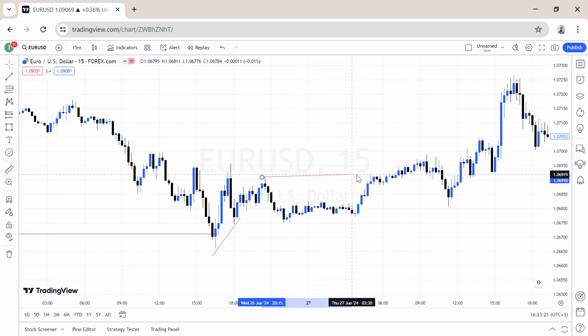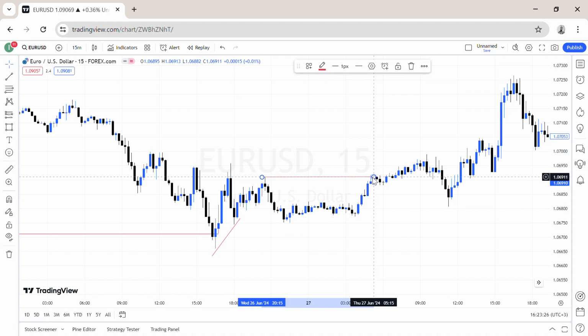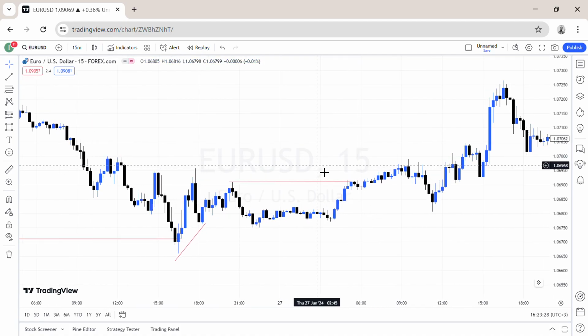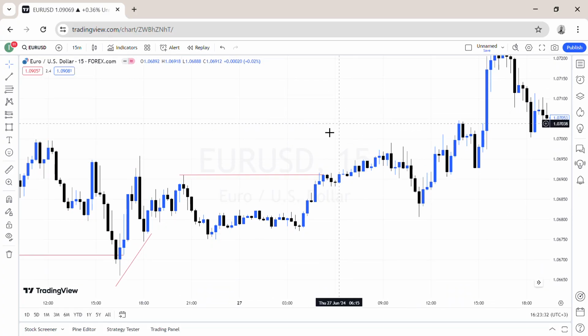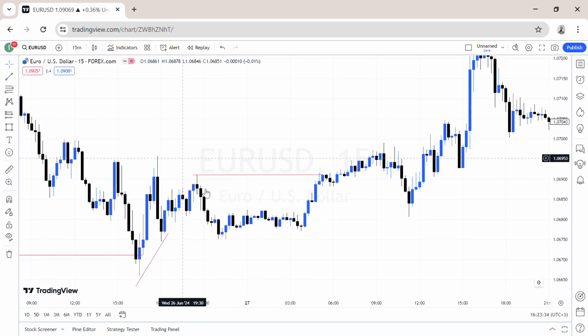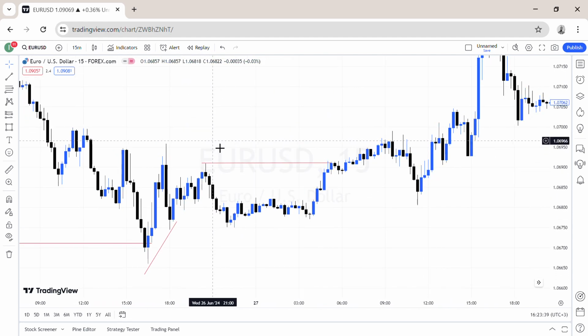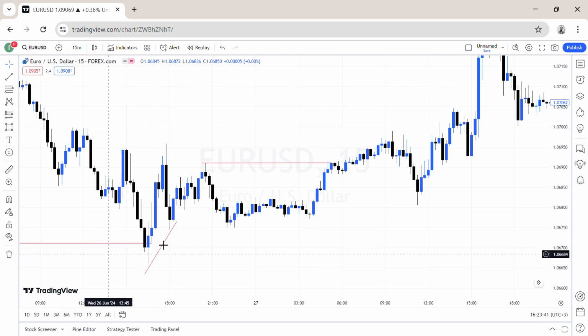So I'd want to see that high being traded above, of which it did. So you can see at this point, we traded above this most recent high, minding the fact that we are from the higher time frame sell side liquidity.